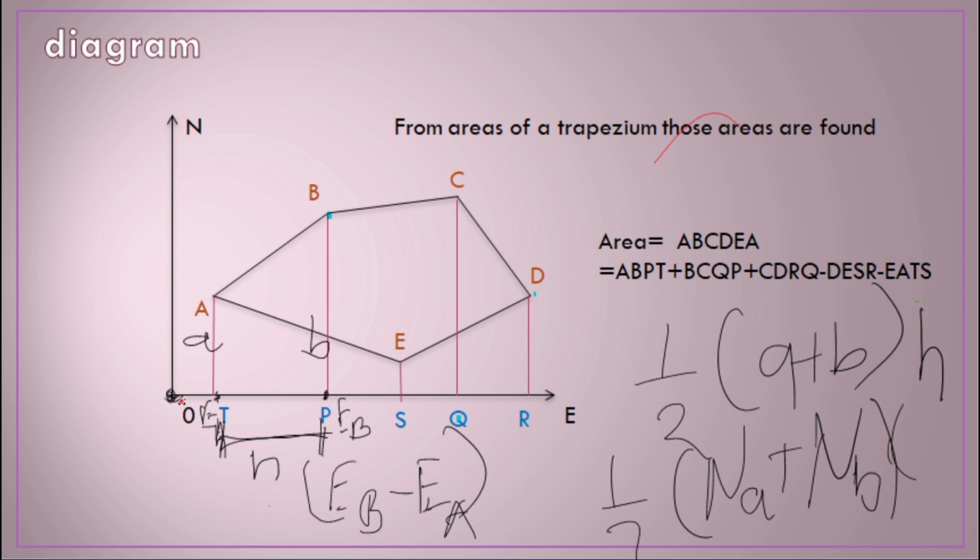By doing that, we move to the second, that is BCQP. We will do the same.